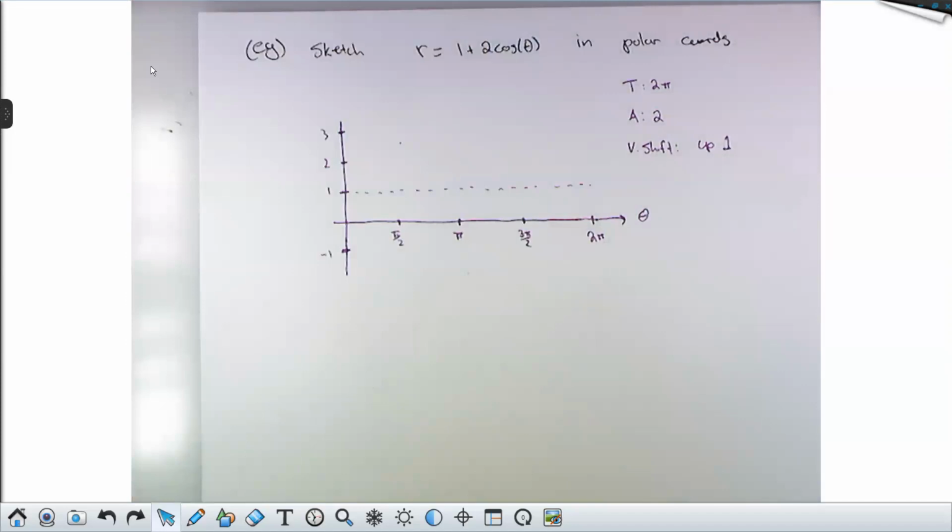So the period is always 2 pi divided by whatever number is multiplying the theta. So if this was cos of 4 theta, this would be 2 pi over 4. If this was cos of 5 theta, this would be 2 pi over 5.